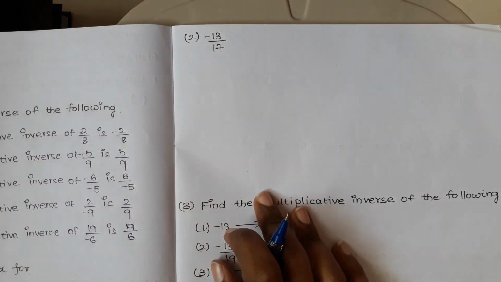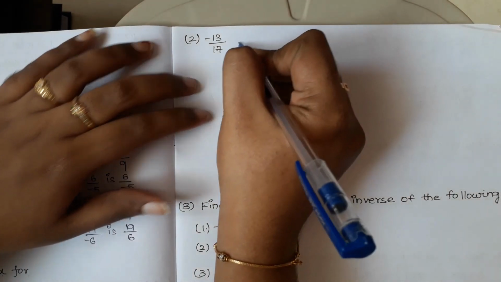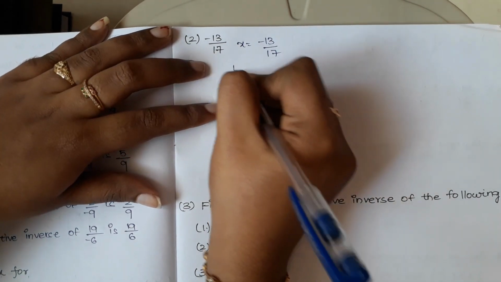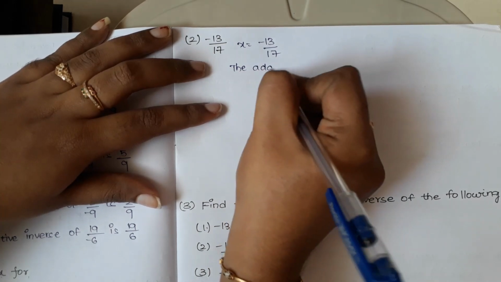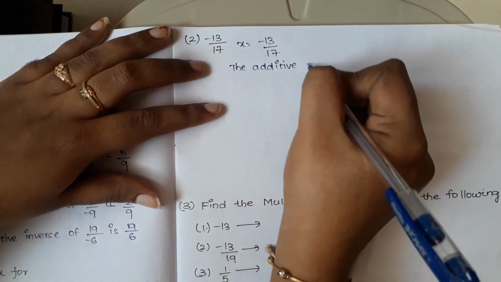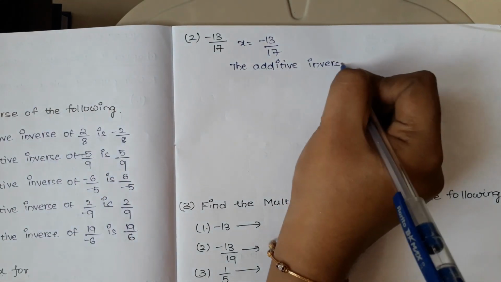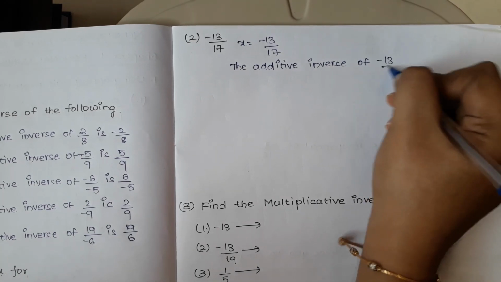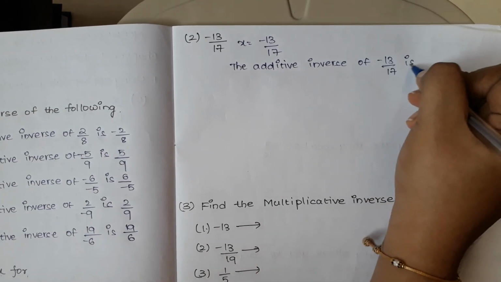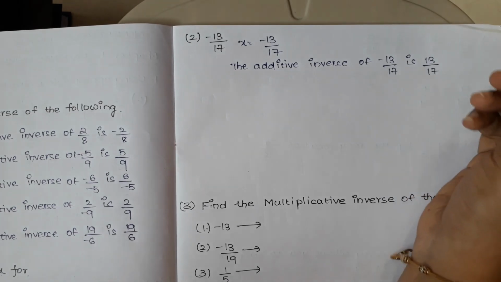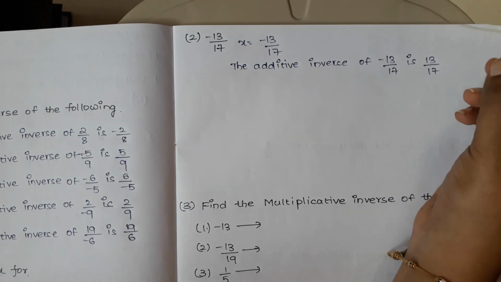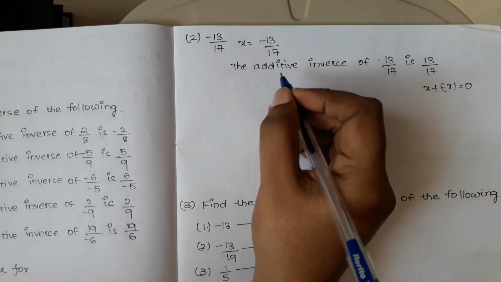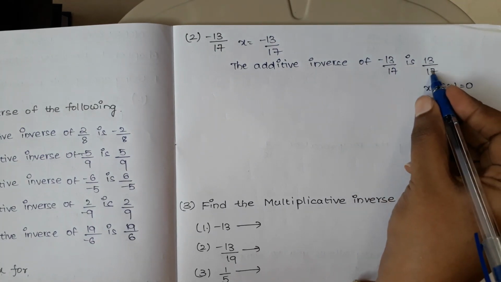Here we have x equals minus 13 by 17. The additive inverse of minus 13 by 17 is 13 by 17, as shown in the previous problem, that is x plus minus of x equals 0 and additive inverse is the negative of the number.